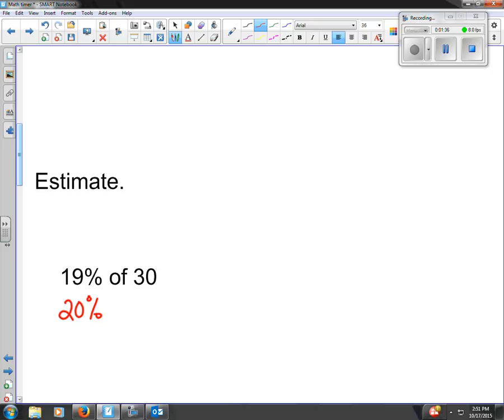What's nice and convenient is 20% of 30 is easier to do mentally. 20%, that fraction, if you look on that list that we had from the last section in your notes, I said you were going to need them, it's 1/5. So 1/5 of, multiply, 30. Put that over 1, cancel, cancel. Basically, 6. So what is 19% of 30? Well, it's probably going to be pretty close to 6.